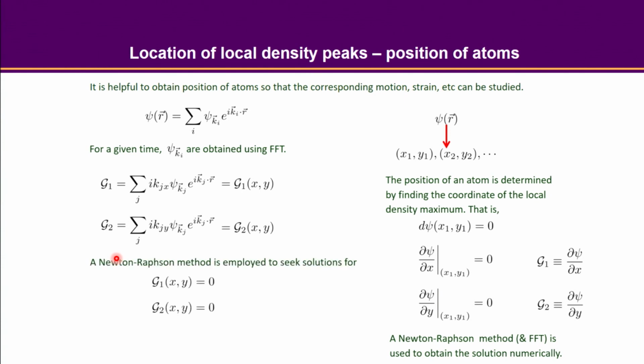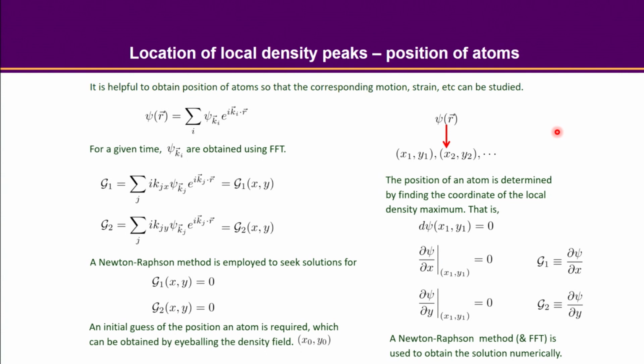So how do we find the solution where G1 and G2 are equal to 0, which means a local extreme value? The Newton-Raphson method requires that you make a good initial guess of the possible location of the atom. That is not hard to do, because from the phase field crystal simulation outcome, you can just eyeball it and say, okay, somewhere around there is an atom.